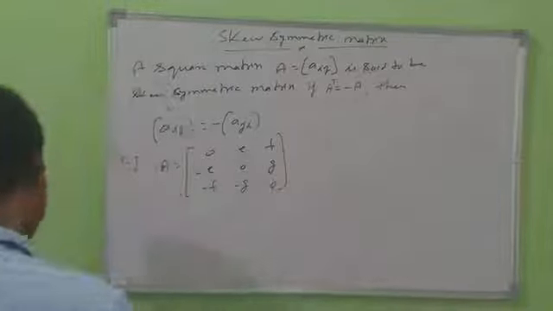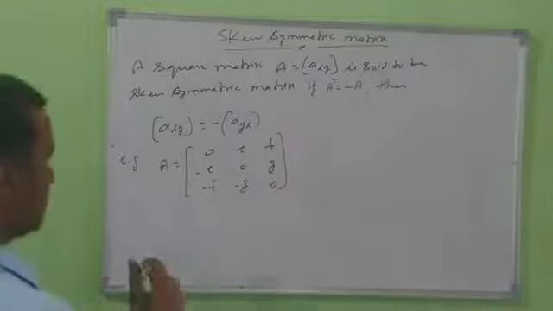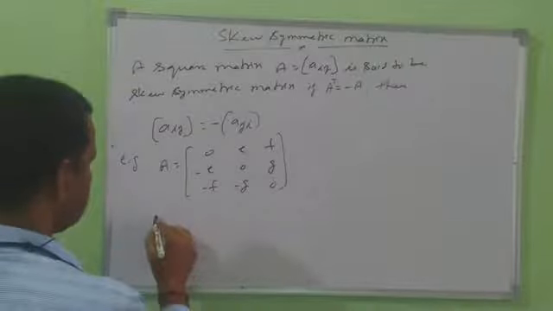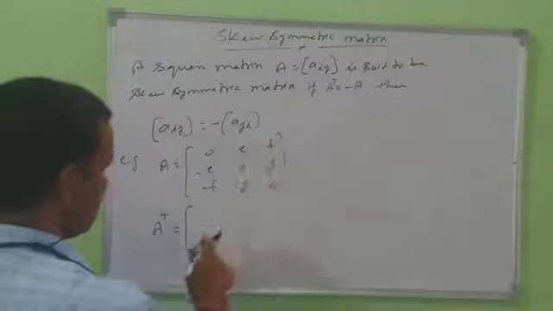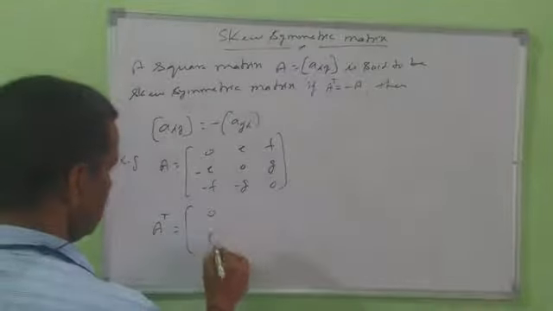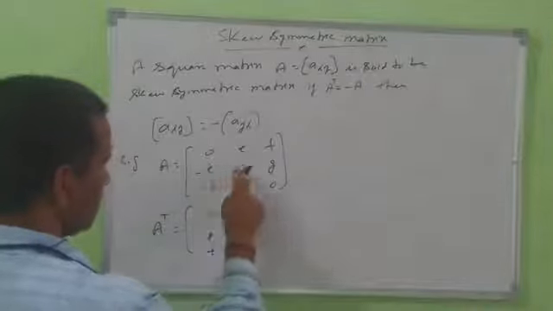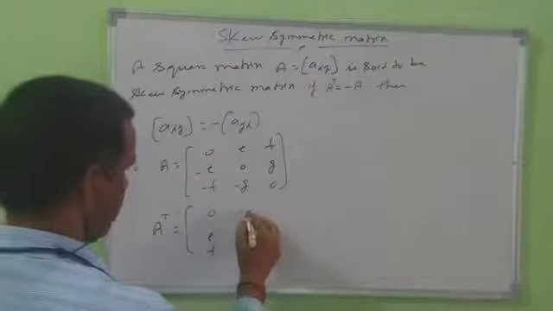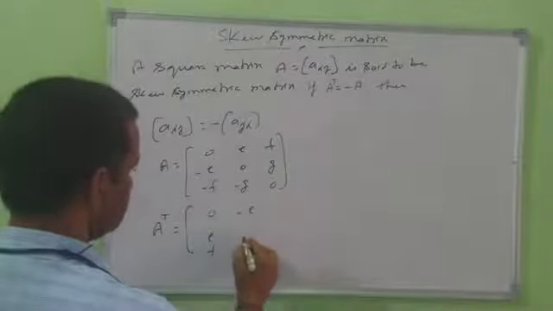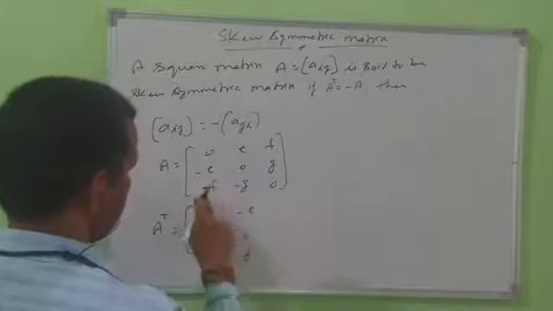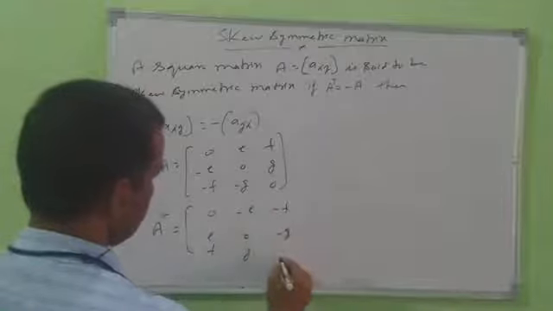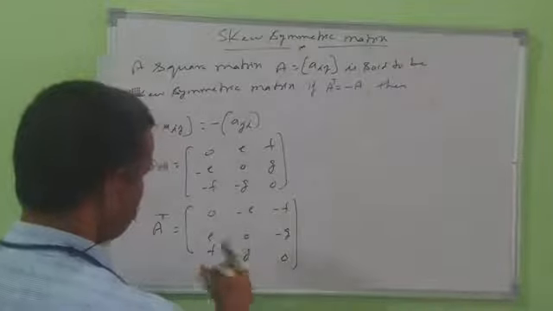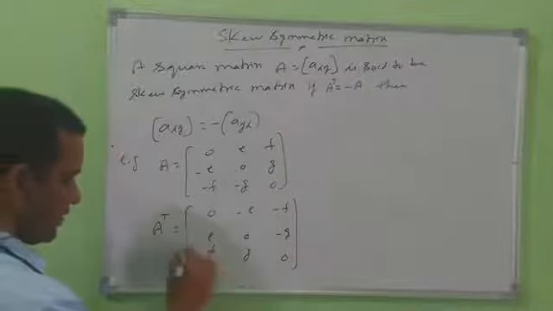When you find the transpose of this matrix, the first row converts to the first column, 0, e, f; the second row to the second column, minus e, 0, g; the third row to the third column, minus f, minus g, 0.